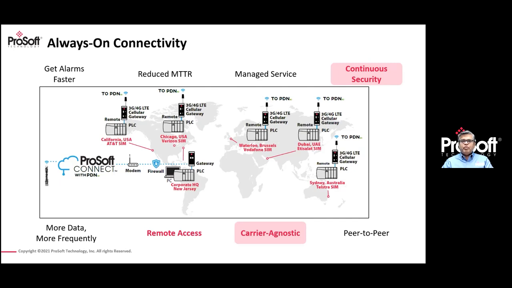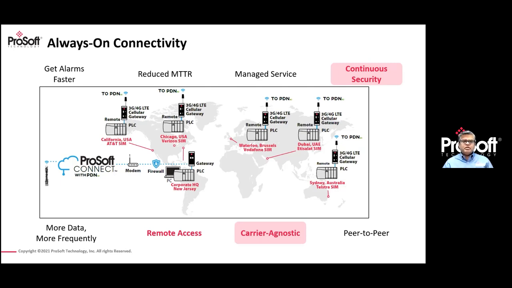And that's where ProSoft's PDN, or Persistent Data Network, comes into play. This is an always-on cloud-based infrastructure network that today can use either cellular or wired devices to connect your remote assets. I've been in the industry for over 20 years, and this is absolutely fantastic. It is super simple. I'm very excited with this solution from ProSoft. It really is the simplest and most secure way to connect remote sites.